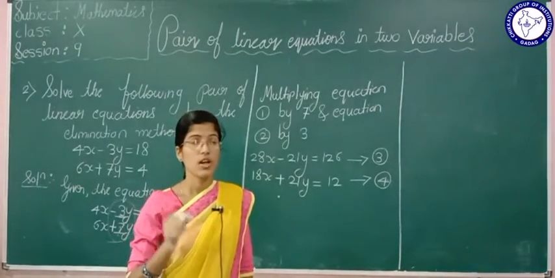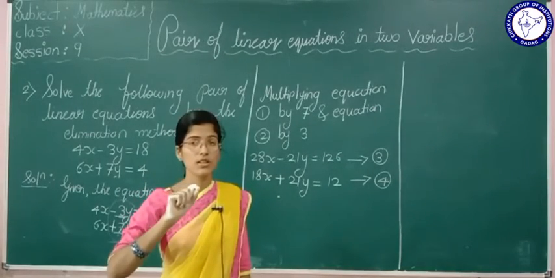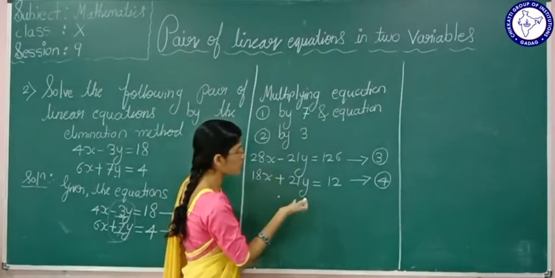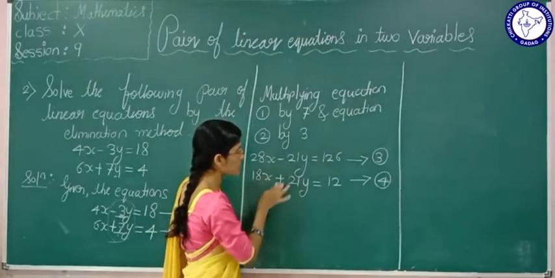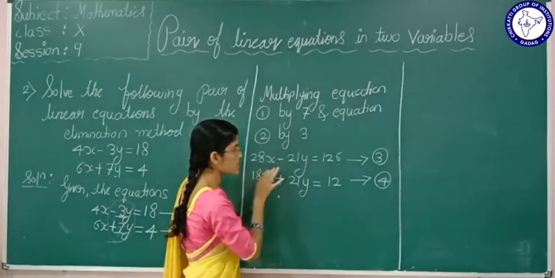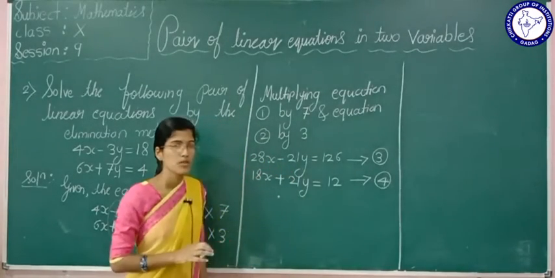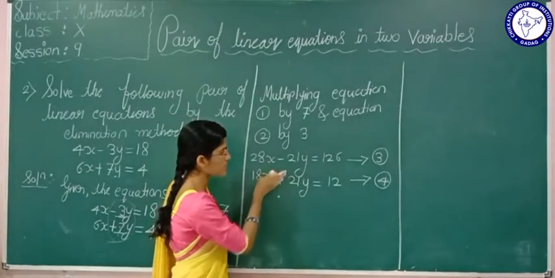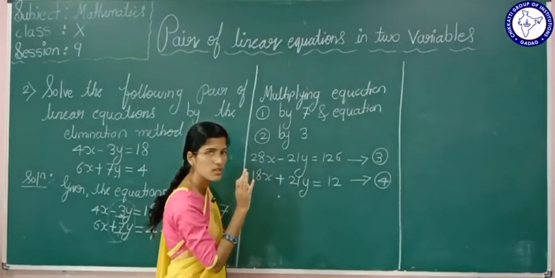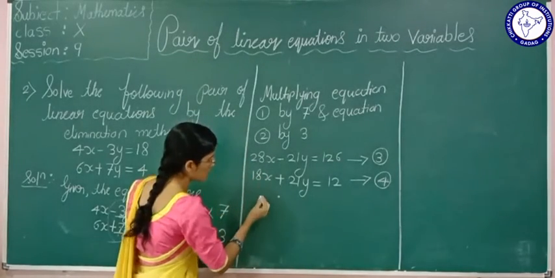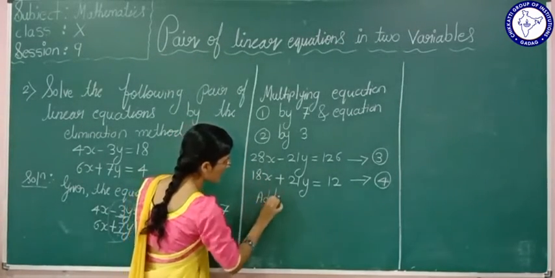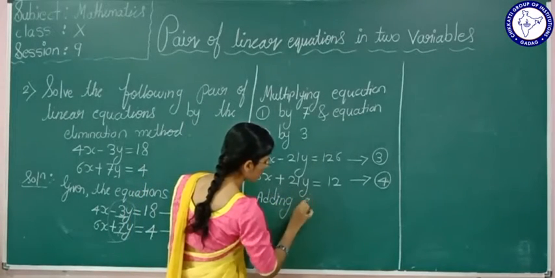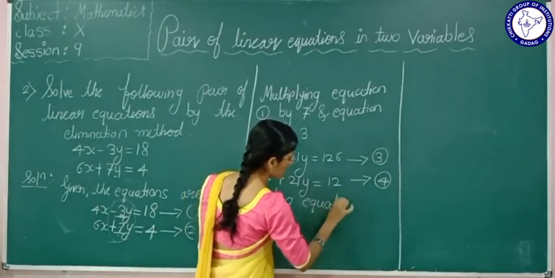You have to see how we are going to eliminate y, whether we have to add these two equations or subtract them. Now think what we have to do. If I add these equations, definitely y will be cancelled. Yes, see here, I am adding equation 3 and equation 4.